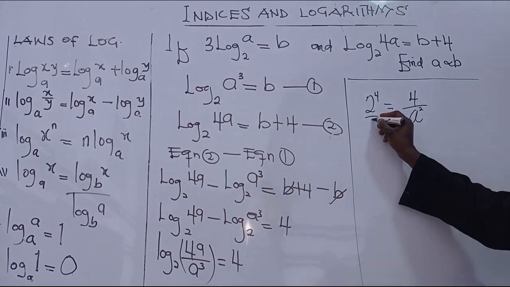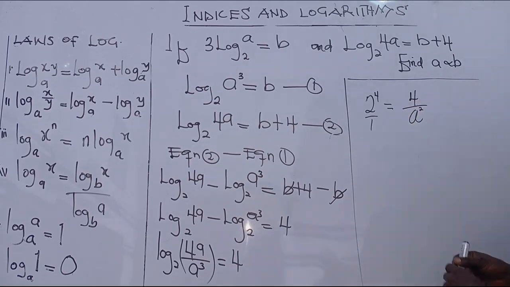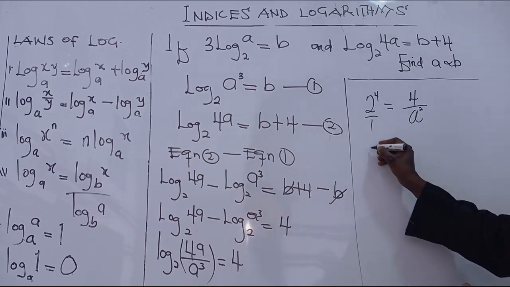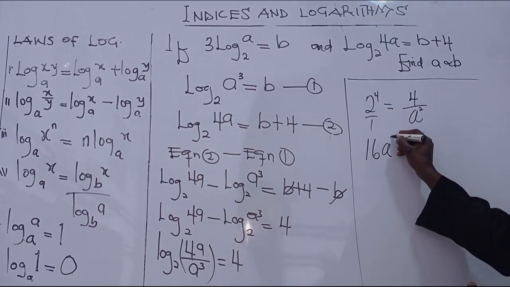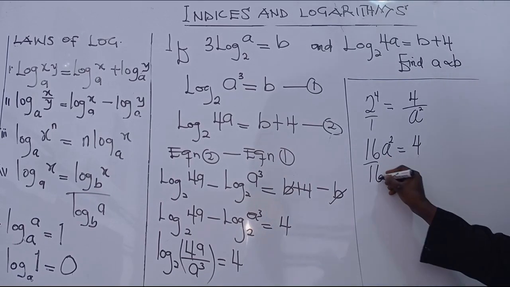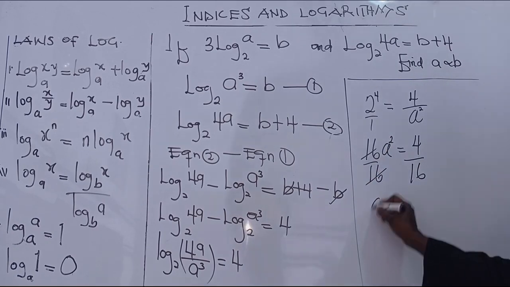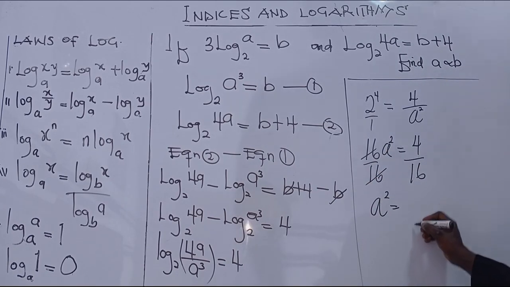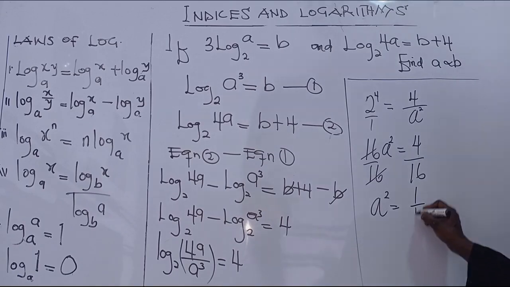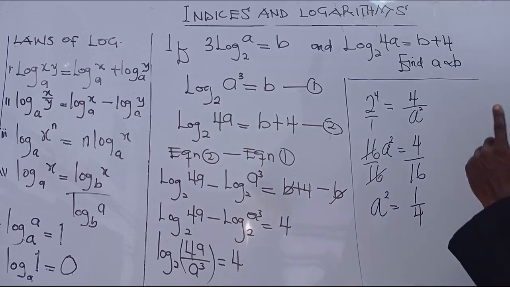Now from here we can do some cross multiplication. So we shall have 2 raised to the power 4 give us 16, a raised to the power 2 is equal to 4. Let's divide both sides by 16, this and that will go. We have our a squared is equal to what? 1 all over 4. Now our interest is to find the value for a, not a squared.